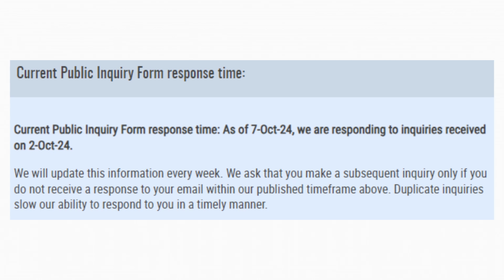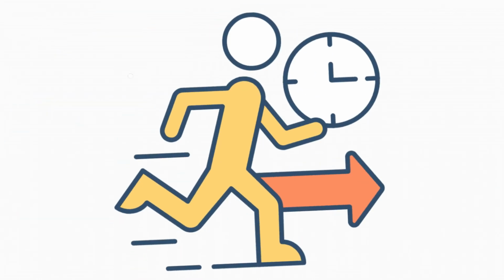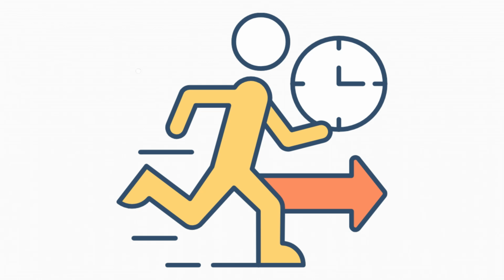You can check and see if they are responding to the inquiries in the time frame you submitted yours. It is important to act quickly, because once your case is forwarded to the U.S. consulate, correcting the mistake becomes more challenging.